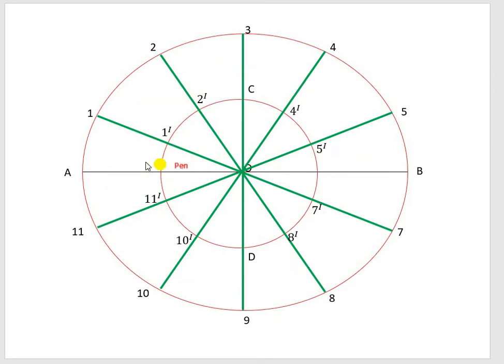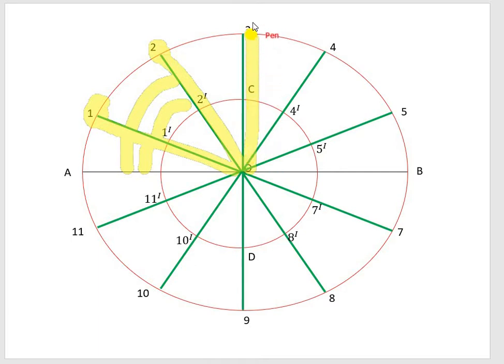Now, let us see the first sector. So from O, I have drawn a line with an angle of 30 degrees, and it cuts the outer circle at this point 1. Similarly, the second line I have drawn, and again one more 30 degrees, that is totally it has become 60 degrees. So it will cut at point 2.